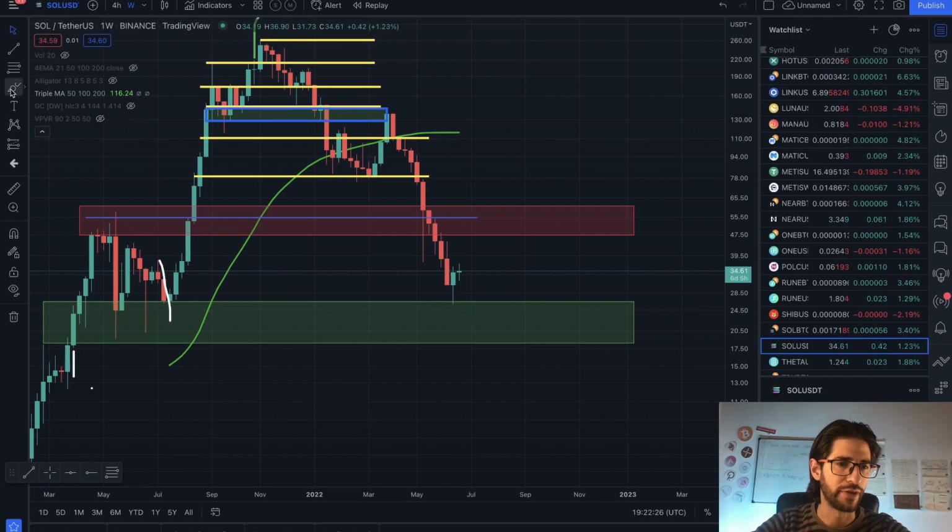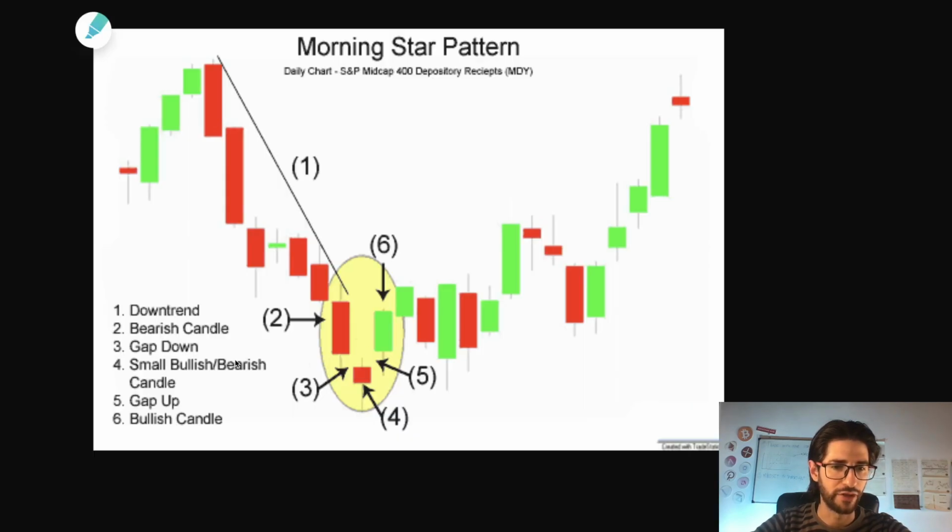For me, these candles look very similar to what we could be seeing in these candlestick patterns that I am showing you. And finally, here you can see we come from the downtrend, we have a bearish candle here, and a gap is needed to say that this is a morning star, which is something that we don't have.